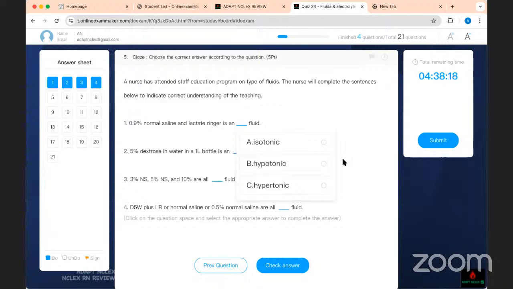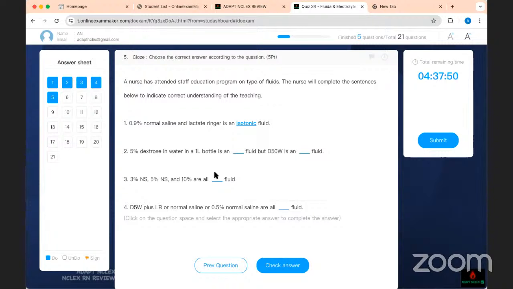Hypertonic means they're greater than 0.9%. Isotonic is the same as plasma. Hypotonic is less than plasma, so less than 0.9%. So isotonic is the same as 0.9%, hyper is greater than 0.9, and hypo is less than. So 0.9% normal saline and lactated Ringer's are isotonic fluids.